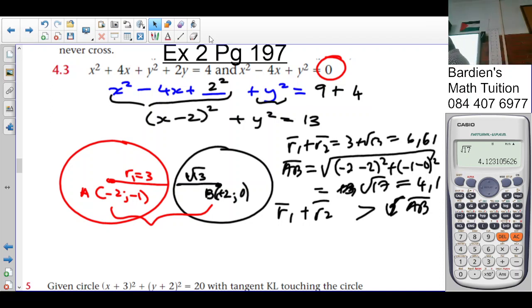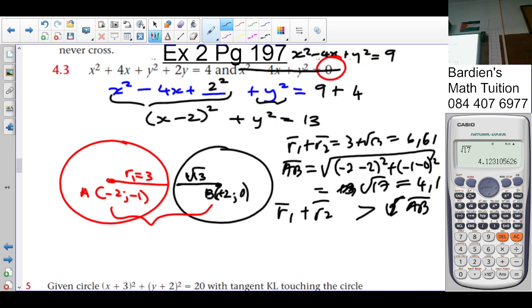Sorry? The 13. You didn't get 13. What did you get? So the sum now. Your sum in your book reads x squared minus 4x plus y squared equals 9. Is that what your book reads? Now why didn't you tell me at the beginning?